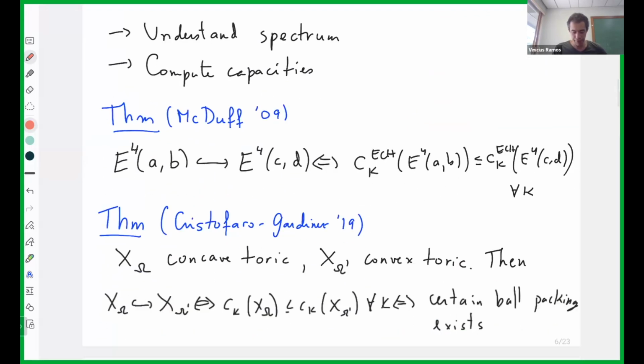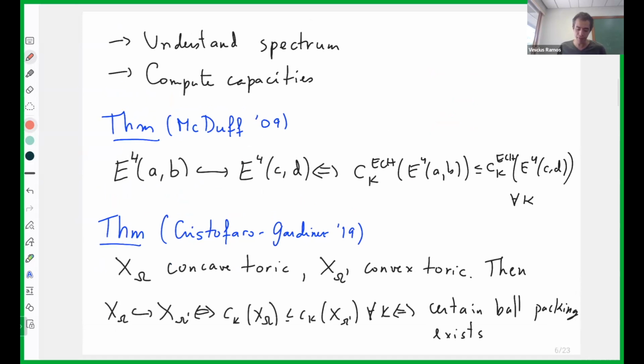And then a few years later, Dan Cristofaro-Gardiner generalized this result, yeah, so this is only in dimension 4. I should clarify that if you take two toric domains, one of which is concave and the other is convex, then the concave one embeds into the convex one if and only if ECH capacities don't give you an obstruction to this embedding.